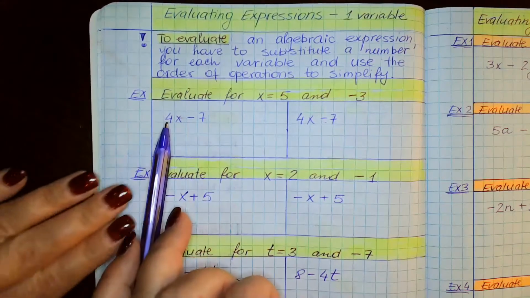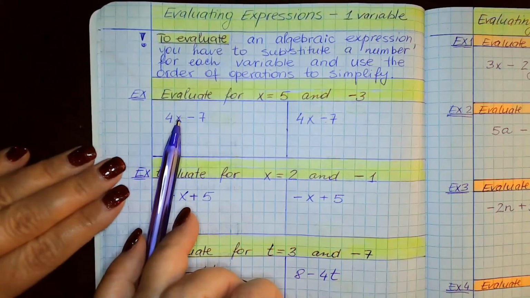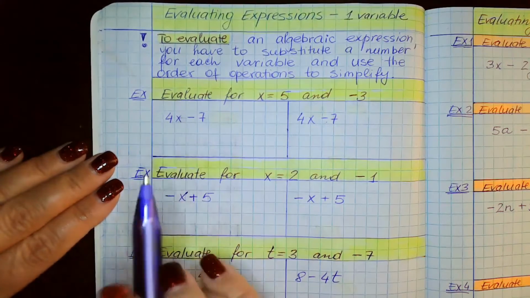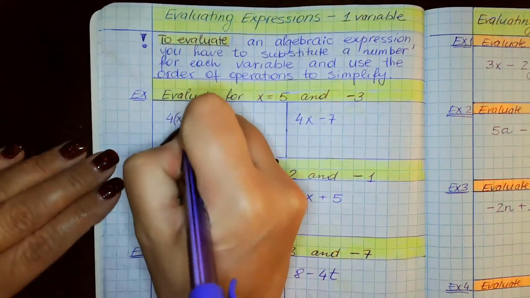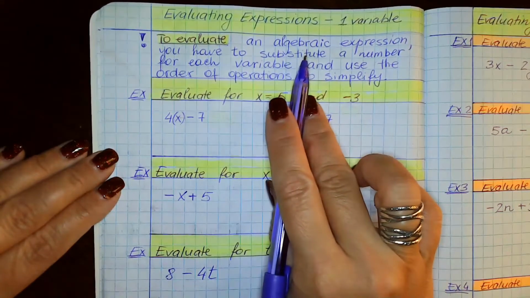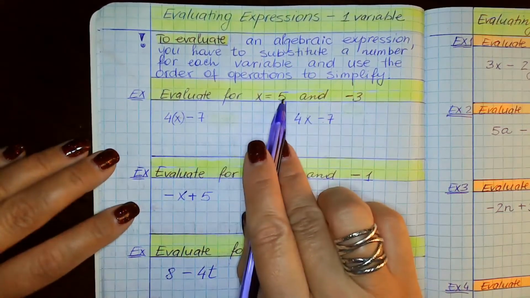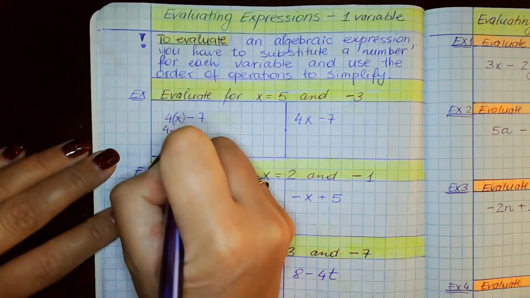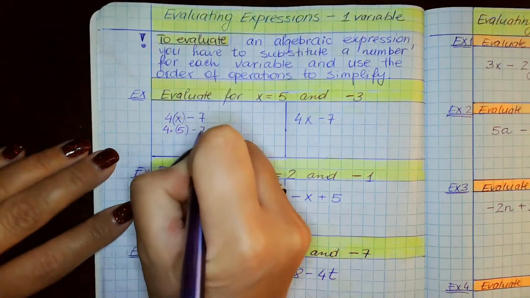So here's my expression, 4x minus 7. That means that 4 needs to be multiplied by the value of x and then minus 7. So using the value of x, I'm going to substitute with 5 first and rewrite the problem. 4 times 5 minus 7.